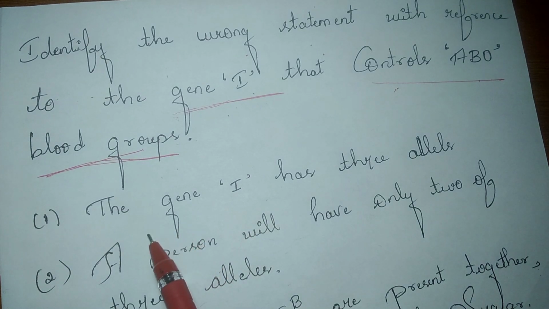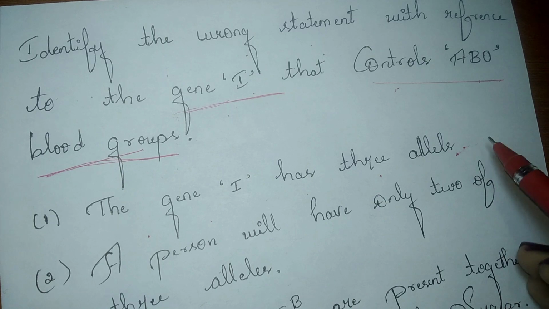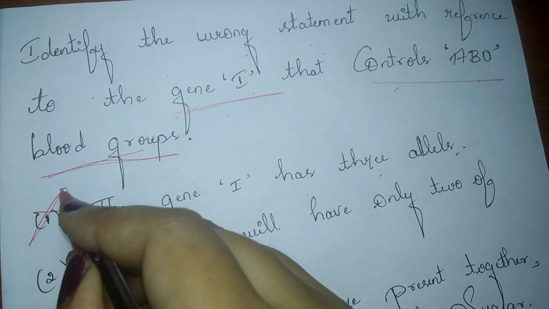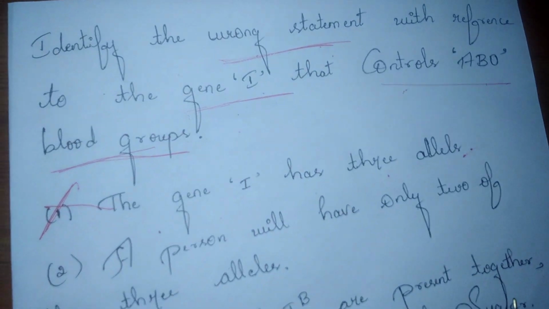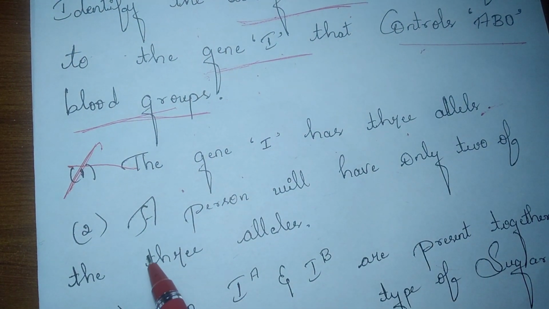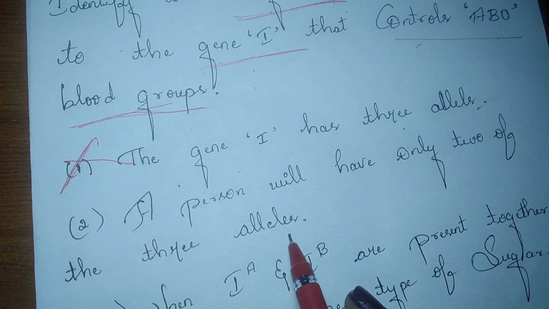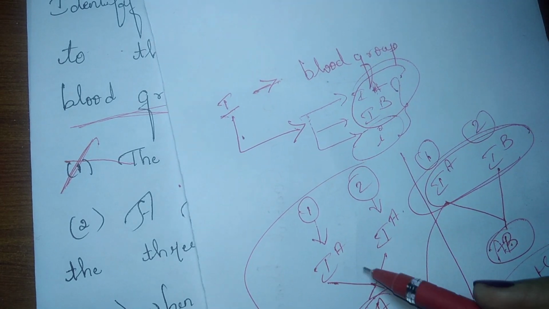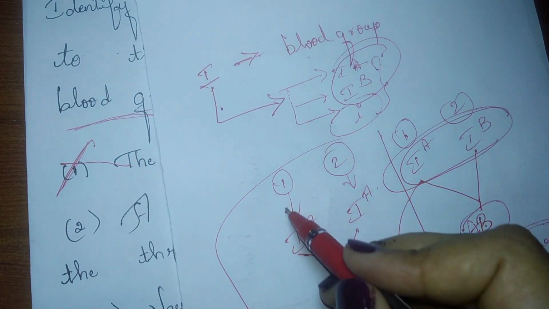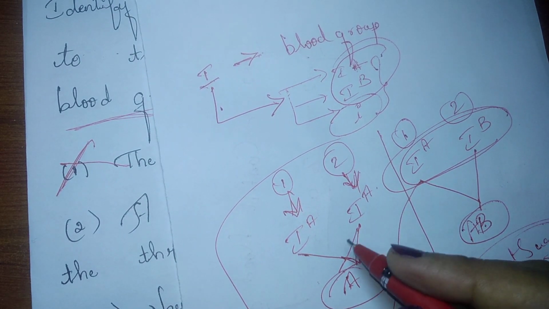First one, they have given that the gene I has three alleles. So this is a correct statement. This is not our answer because they have told us to choose the wrong statement about gene I. Next, the second option they have given is that a person will have only 2 of the 3 alleles. You may have observed in this example that a person will have only the 2 alleles.